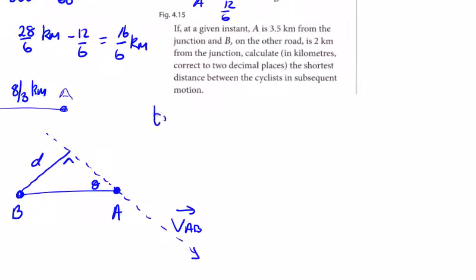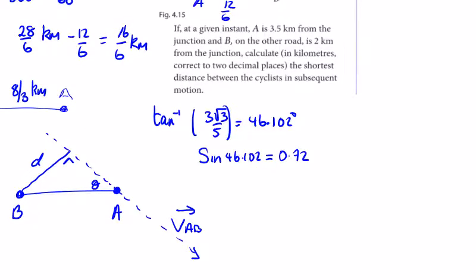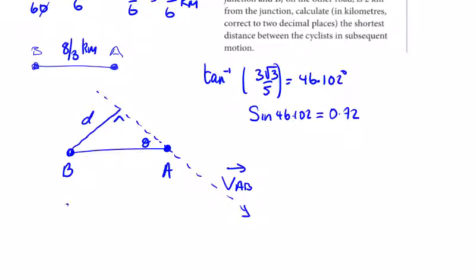Well, if I get the inverse tan, it might be easier just to get the angle. The inverse tan of 3 root 3 over 5 is going to give me 46.102 degrees. Probably don't need all those decimals. So the sine of 46.102 is equal to 0.72. So we're looking at our shortest distance here. The sine of theta is equal to O over H, which we got to be 8/3.